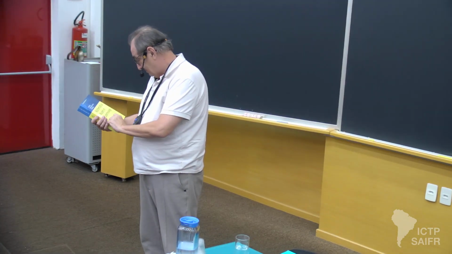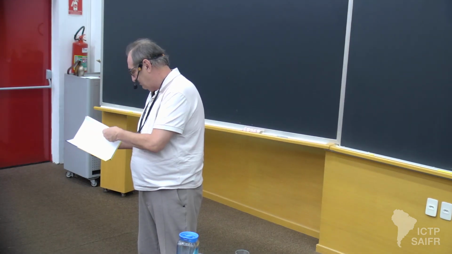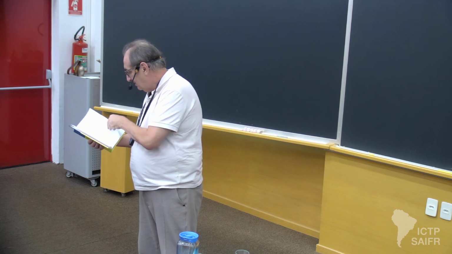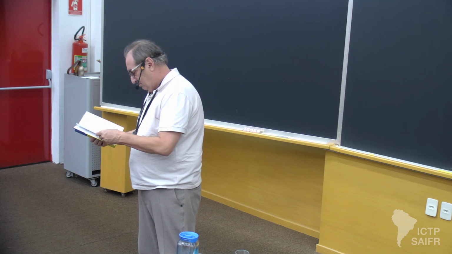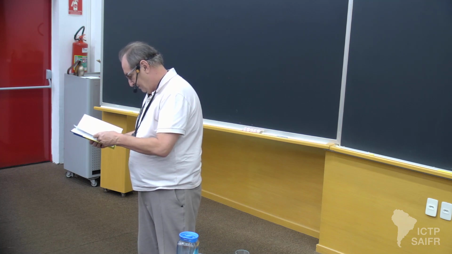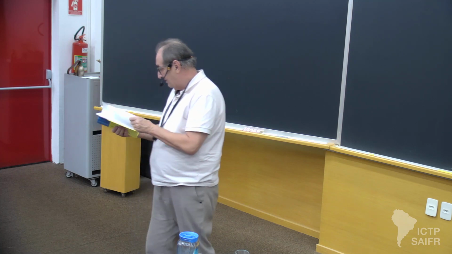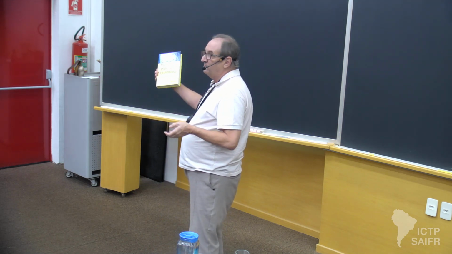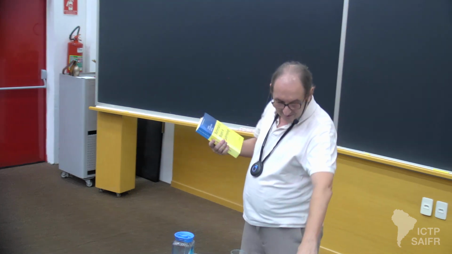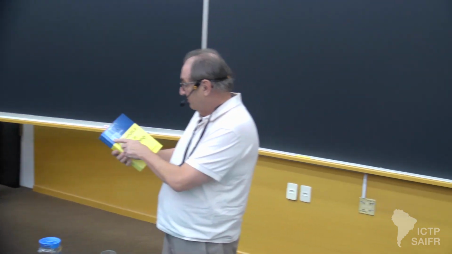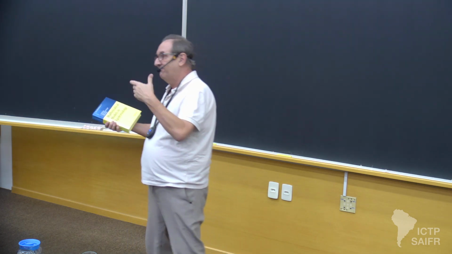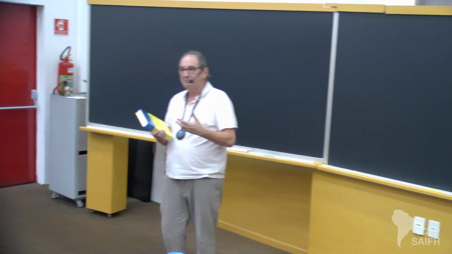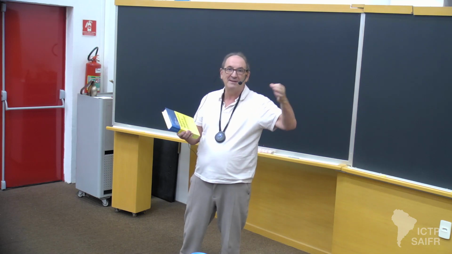One of the books that is relatively new, less than 10 years old I think, is Mathematical Models in Epidemiology, by Fred Brauer, one of the organizers of this school, and Carlos Castillo-Chavez and Zhilan Feng. Carlos Castillo-Chavez is a very important person in mathematical biology, but on the more mathematical side.